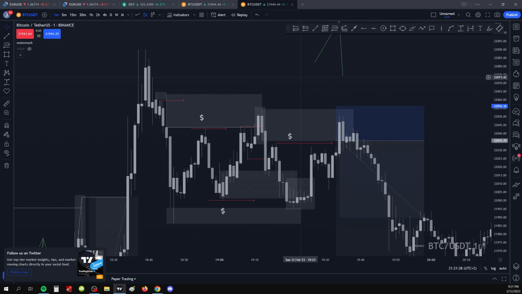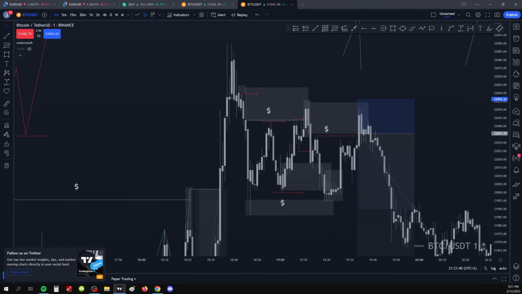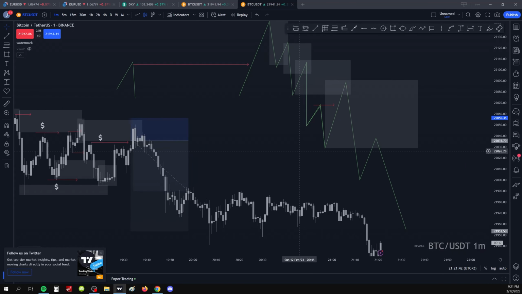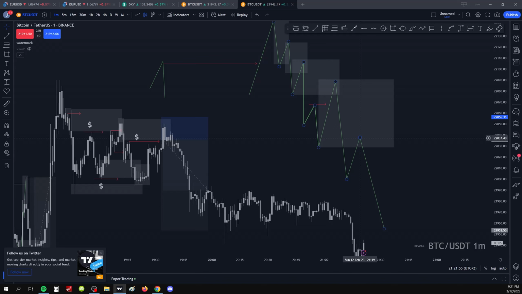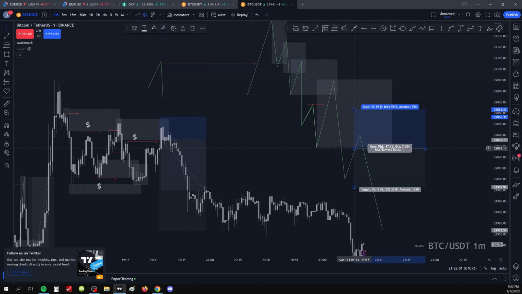Okay. So this candle mitigated this and broke down. It broke down, okay? And now, usually, you can just enter right here with a stop above.